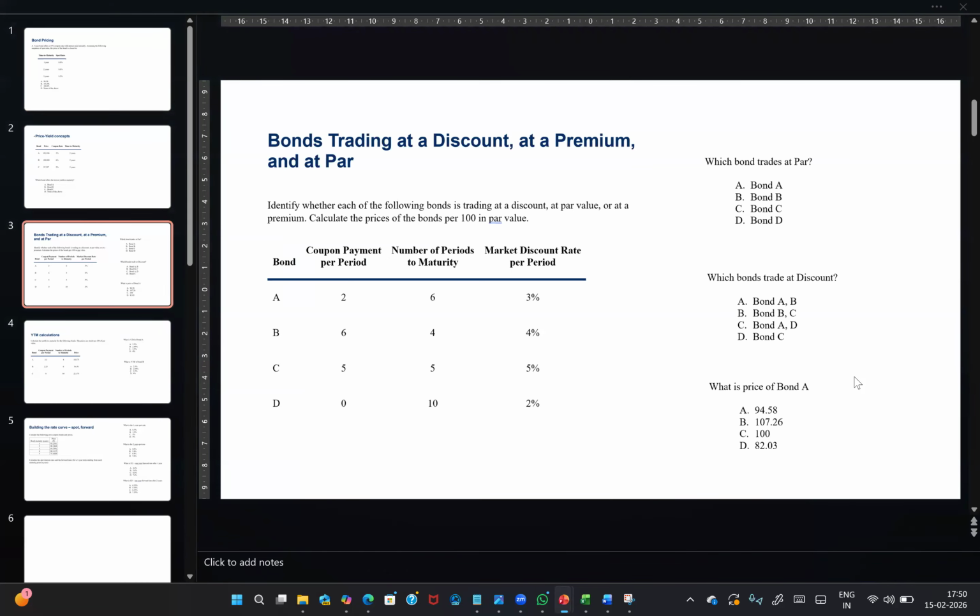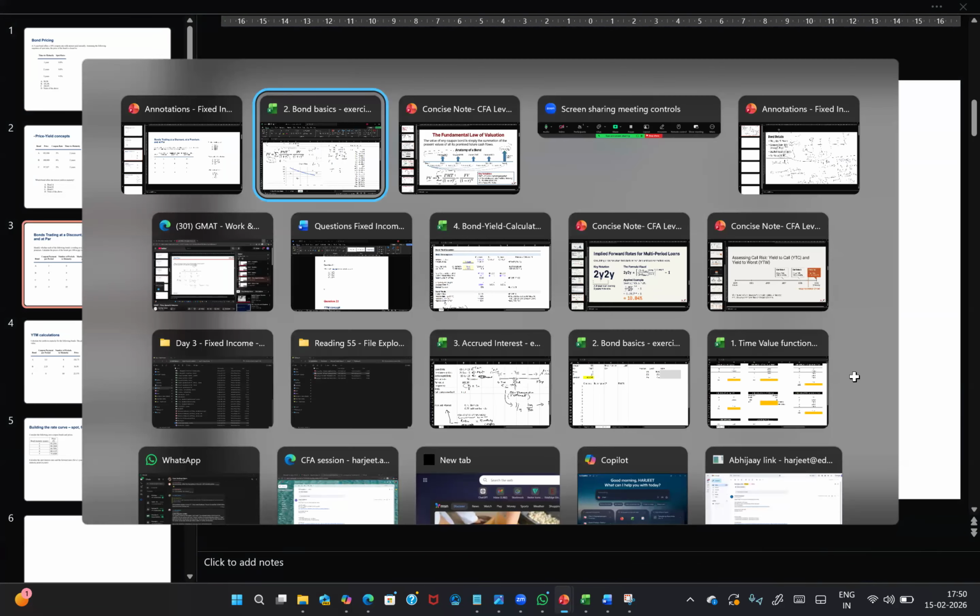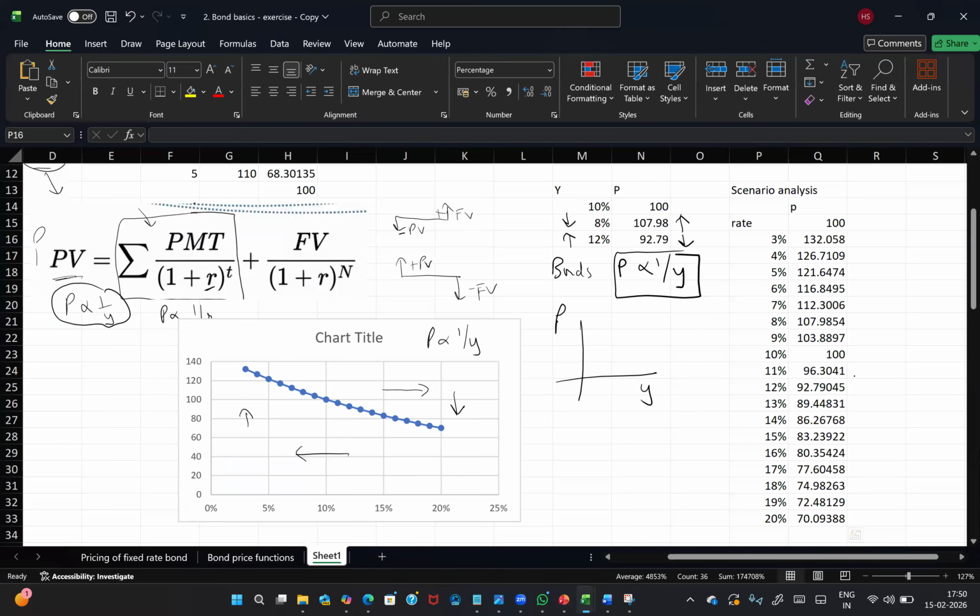Now, one more thing which I would like to highlight before you attempt that problem. Whenever a bond trades at 100, which is the par value, that is called a par bond. So when the yield on the bond is 10%, the bond trades at par, which is 100.